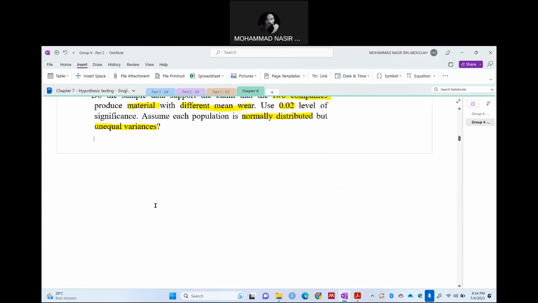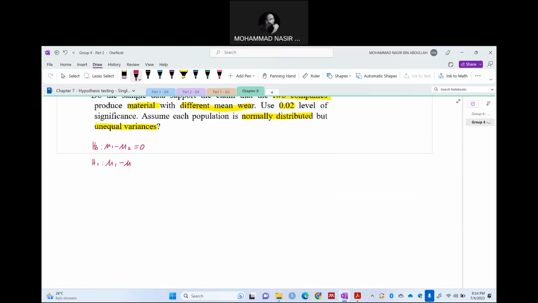So now let's state the null hypothesis. So null hypothesis will be mu1 minus mu2 equal to 0. Another one is alternative hypothesis, mu1 minus mu2 is not equal to 0. Right.